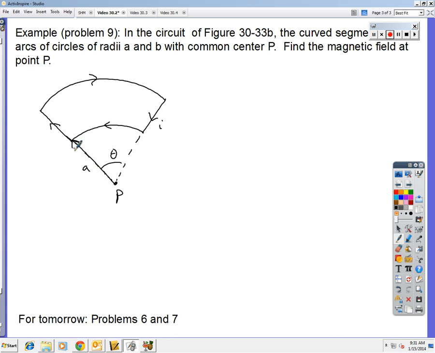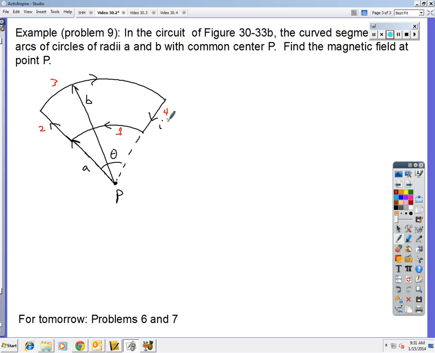This radius is A. And that outer radius is B. And so there are 4 different segments of wire here. We want to find the field at P due to all of them. I'm going to label them 1, 2, 3, and 4.